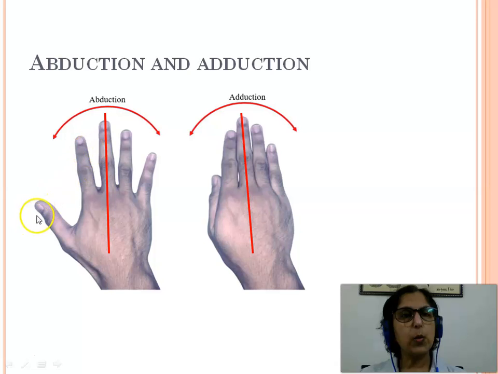So when the thumb, index finger, ring finger and little finger are taken away from the middle finger, that is when the fingers are fanned out, that is what is called abduction. And when all the fingers are brought towards the middle finger, that is what is called adduction.